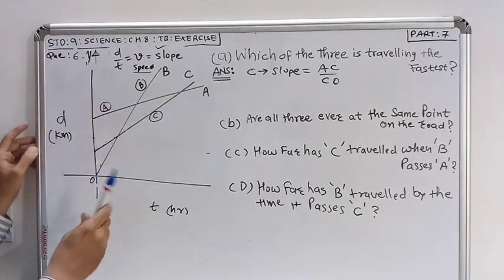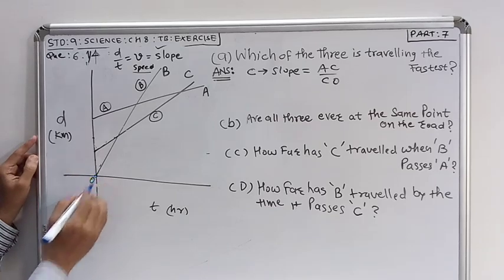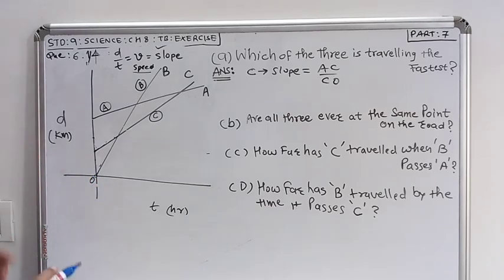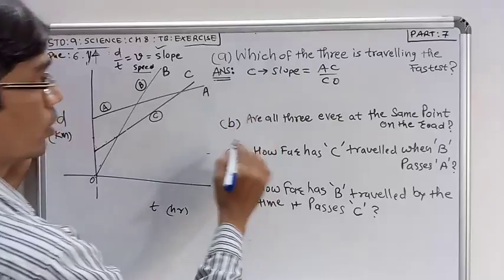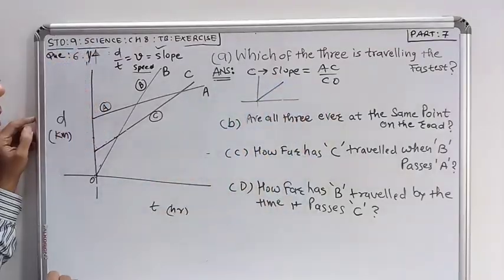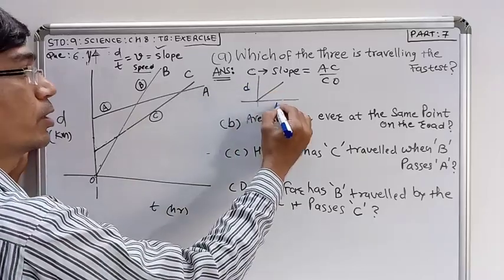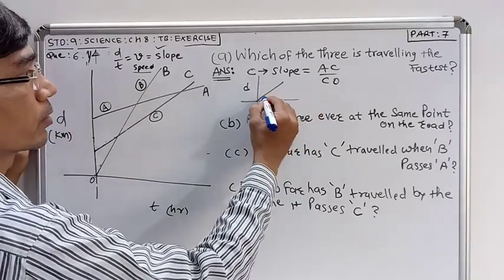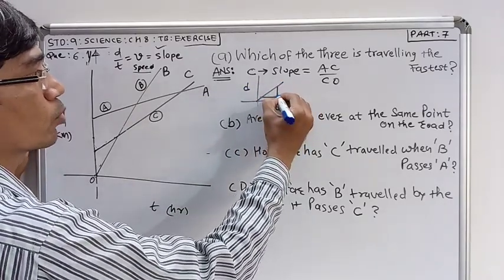So here we can start from the 0 point of the graph and take the slope. This is the graph D versus T, and this is the slope.